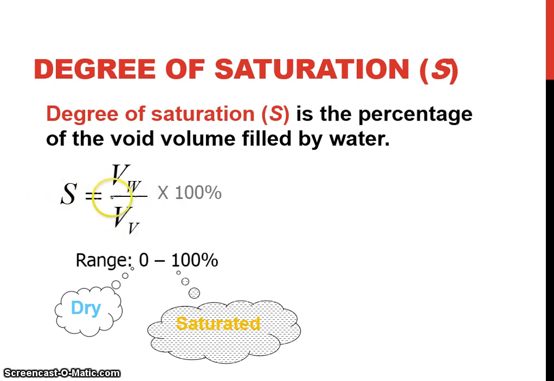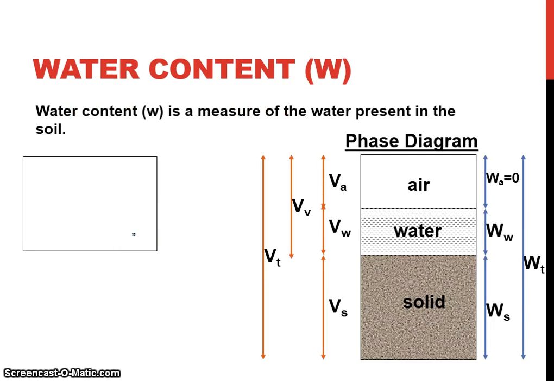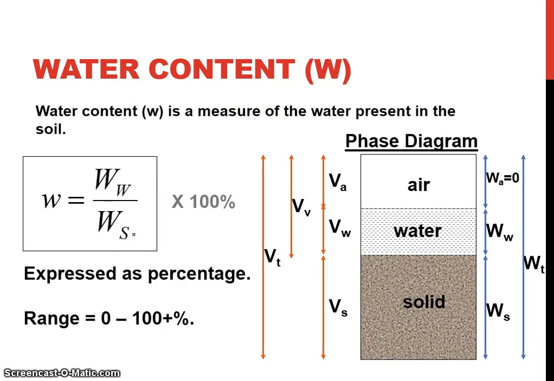The degree of saturation is how much volume of water is in the volume of voids, and moisture content, its sibling, also concerns water but compared to the weight of solids, and they use the weight term and sometimes the mass term.